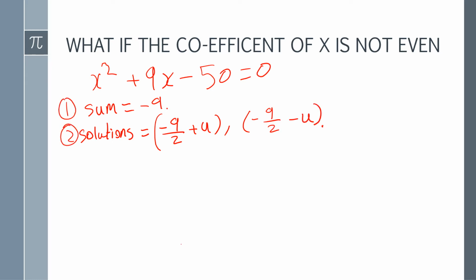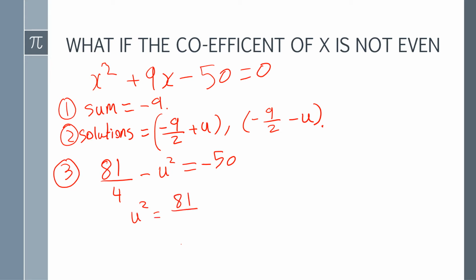Okay, that's the first step. Second step. Third step, you're going to multiply the solutions by each other. So minus 9 divided by 2 times minus 9 divided by 2, which is 81 divided by 4, minus u squared. Equate that to minus 50. You're going to end up with u squared equal to 81 divided by 4 plus 50.